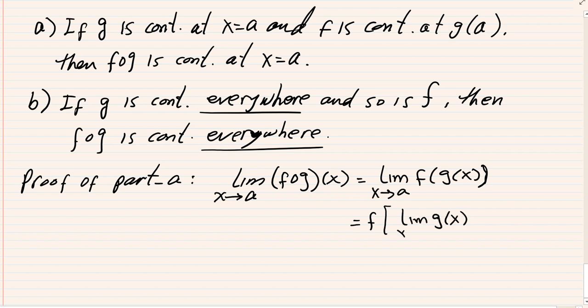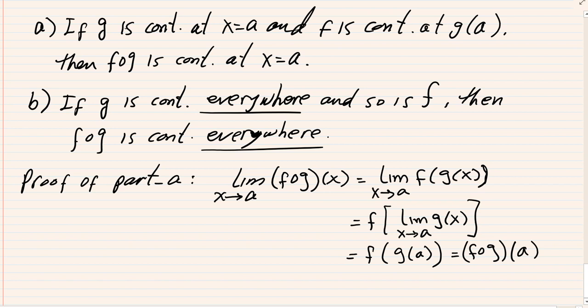The inside function. We had that from an earlier theorem, right? And this would simply be f of, remember the limit of g of x is going to be g at a, isn't it? Because the function is continuous. And this is the very definition of f o g at a.